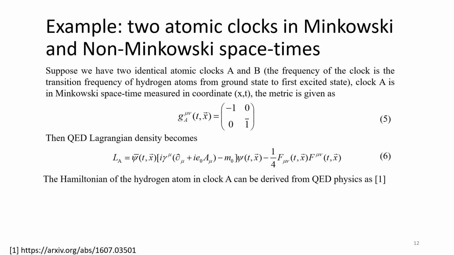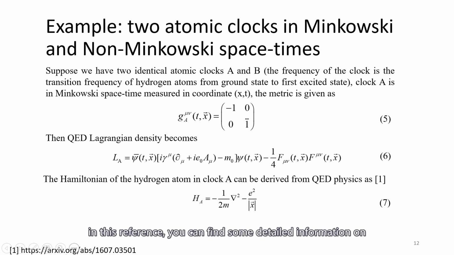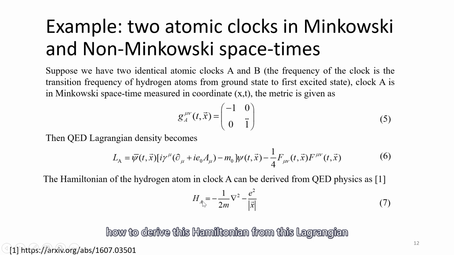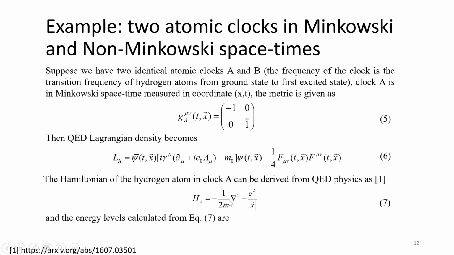The Hamiltonian of the hydrogen atom in clock A can be derived from QED physics as this Hamiltonian. In this reference, you can find detailed information on how to derive this Hamiltonian from this Lagrangian. And the energy levels calculated from equation 7 are written like this. So omega 1 is the frequency of the clock.